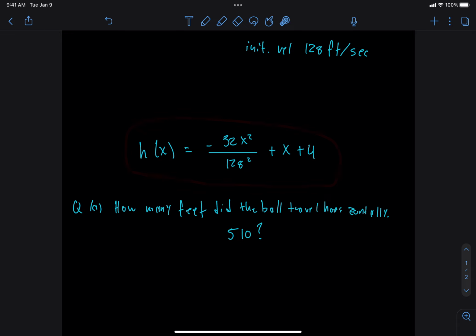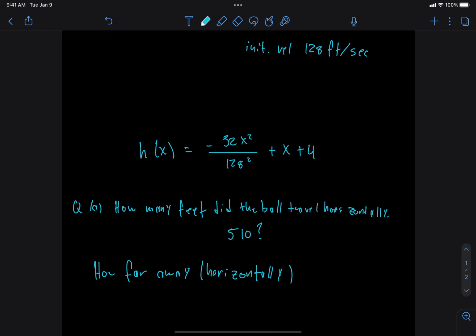The question is, can I still answer these questions about how far away horizontally does the ball land?